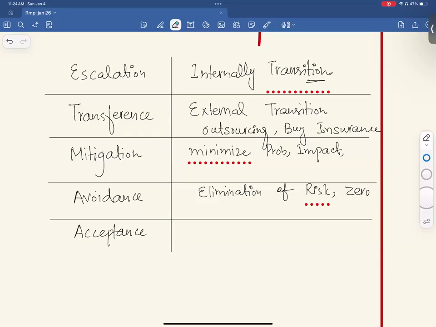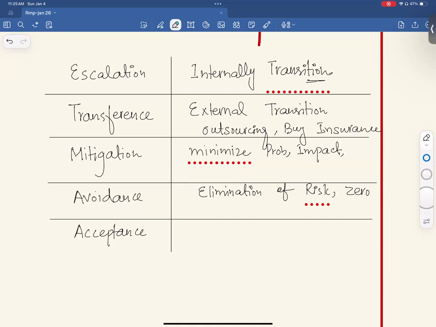So that is, I think, avoidance. Keeping your purpose and eliminating the risk or probability completely, it's avoidance. In simple words, changing your plan and removing the source or cause of the activity, right? That's what we call avoidance.